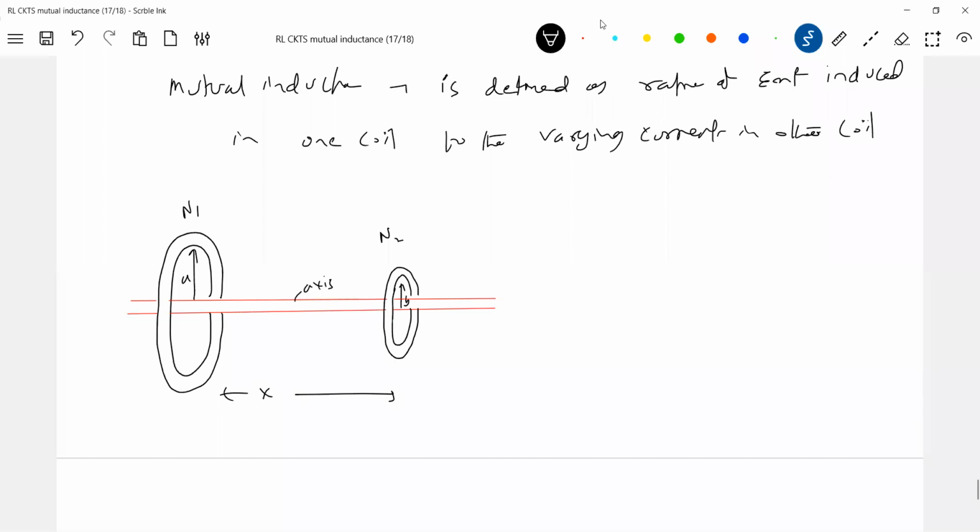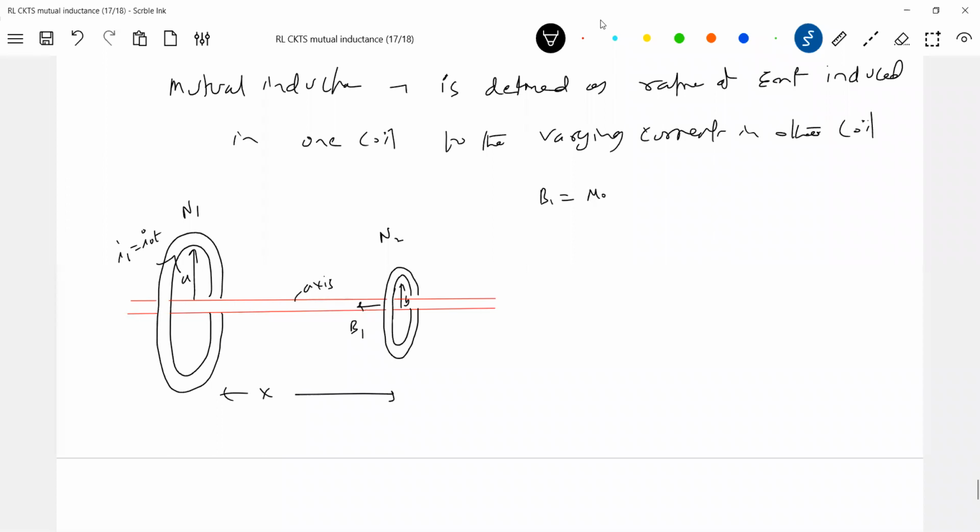Now, let me send here a varying current, I1 equal to I0 t. Then it's like a current carrying ring. It will produce a magnetic field at this particular point in this direction, B1. What is the expression for B1?